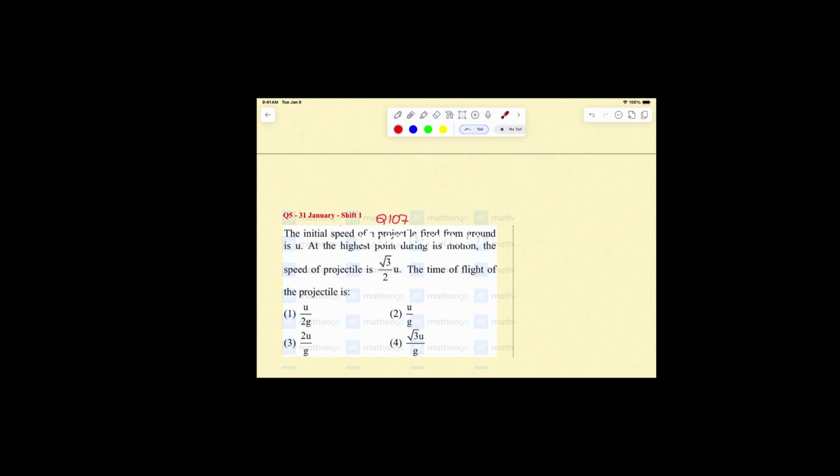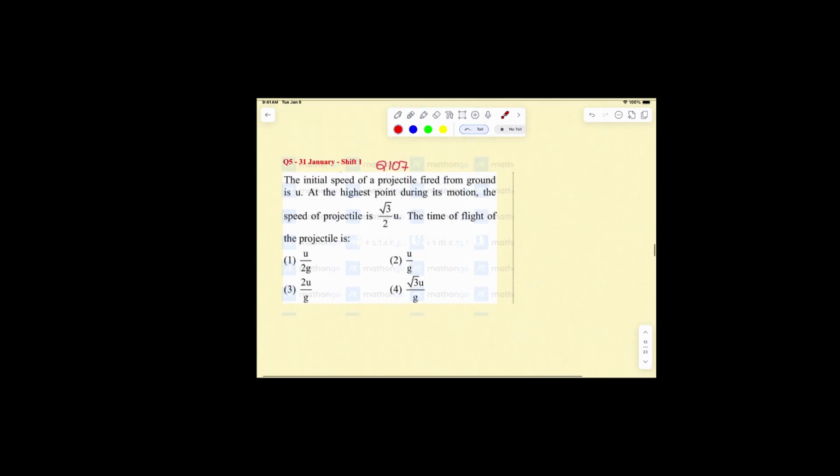Then the time of flight is 2u sin theta by g. Sin 30 is half. Therefore, time of flight is 2u into half by g, that means u by g. U by g is the answer.